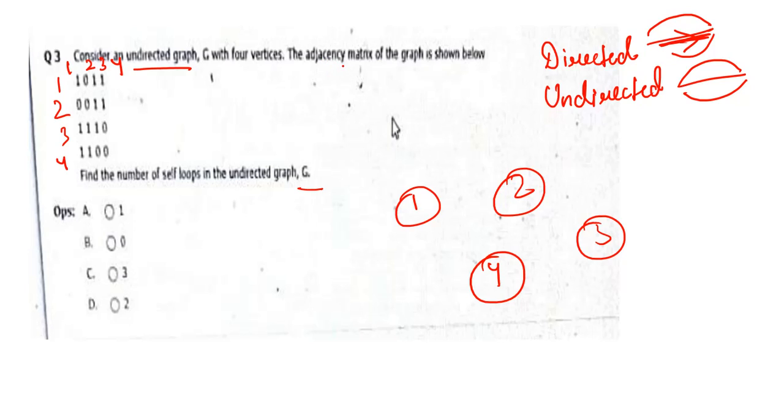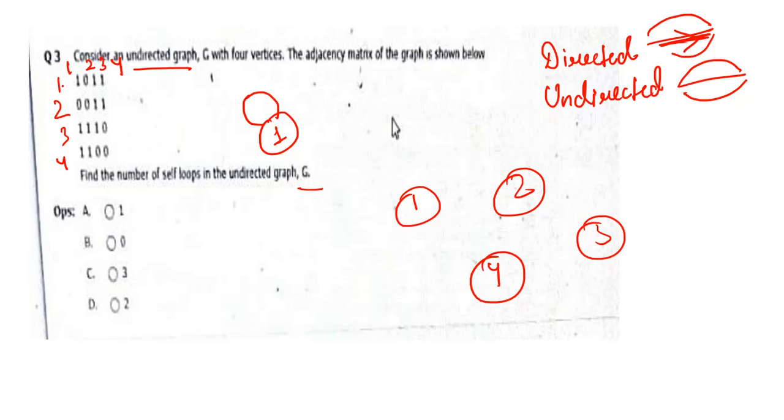Here the adjacency matrix is given to us, and we have to determine the number of self loops present in the graph. What are self loops? When an edge comes out of a vertex and goes back to the same vertex itself, this is a loop.